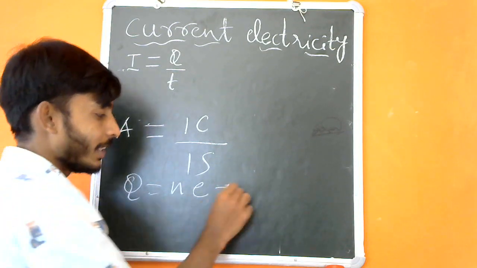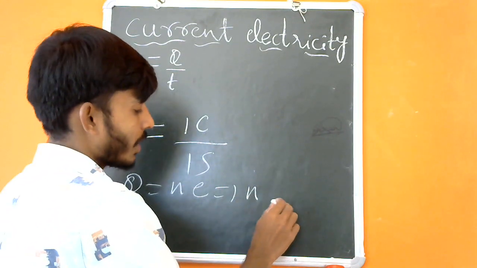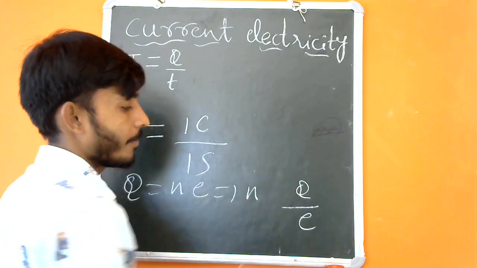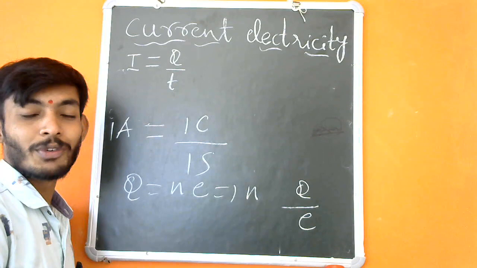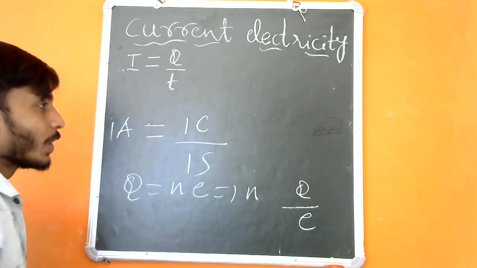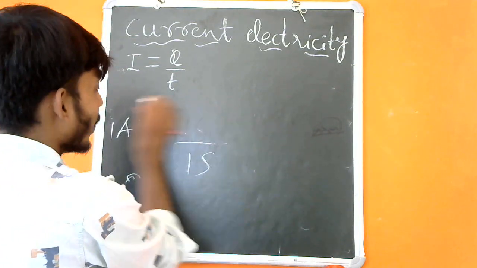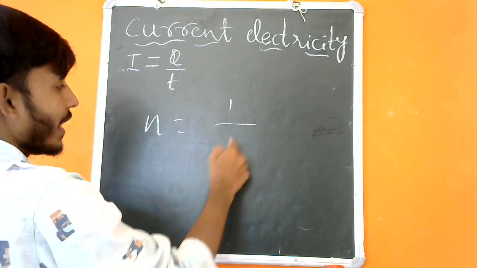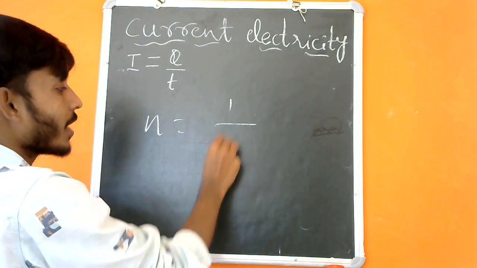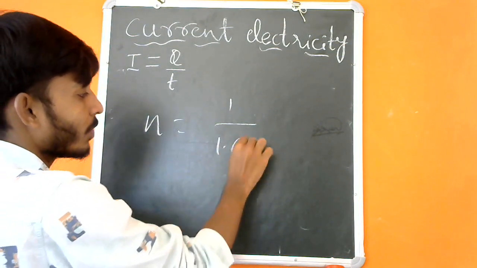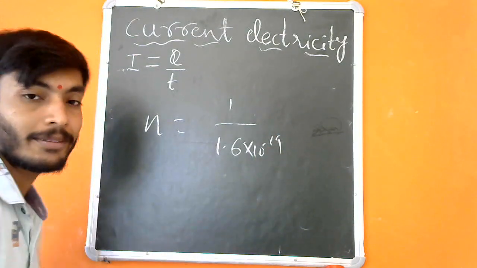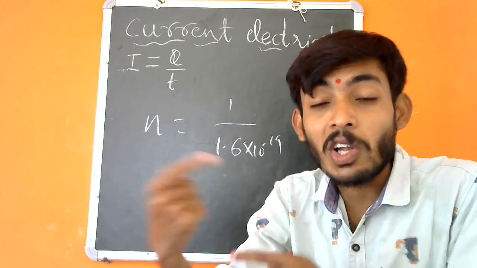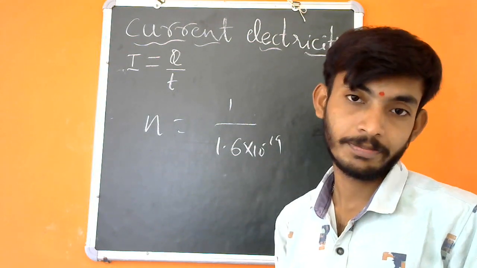To find that, the number of electrons is equal to Q by E, which is 1 divided by 1.6 into 10 power minus 19. If you divide, we can find out how many electrons are there in 1 coulomb of charge.